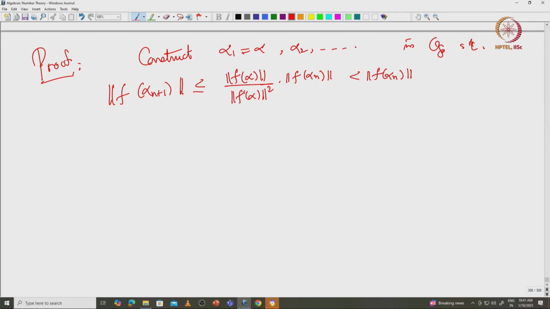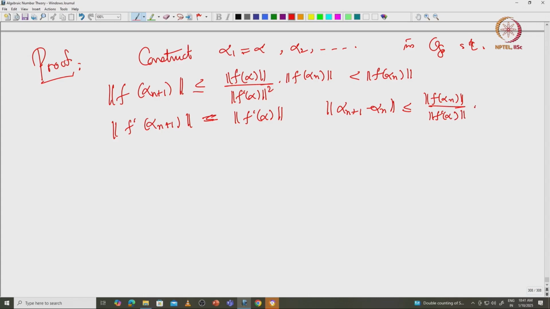Moreover, so that is one condition, and then the valuation of f prime of alpha n plus 1 is equal to the valuation of f prime of alpha n, and what happens to their differences. So, we want this to be a Cauchy sequence, right, otherwise how would we take the limit? Okay. All right.